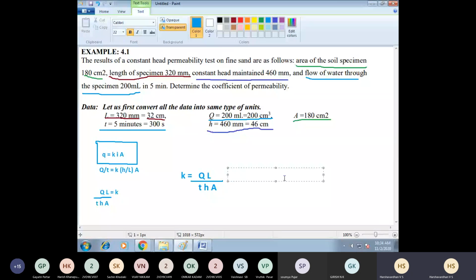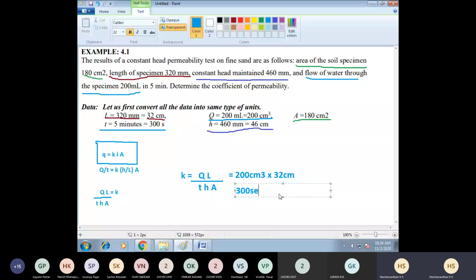Q is equal to 200 centimeter cube, and L is 32 centimeter. When you are substituting, you have to make sure you are substituting everything in the same units. T is 5 minutes, or you can substitute it as 300 seconds.